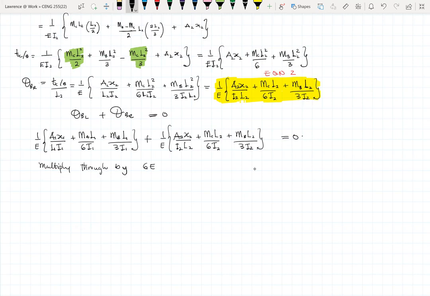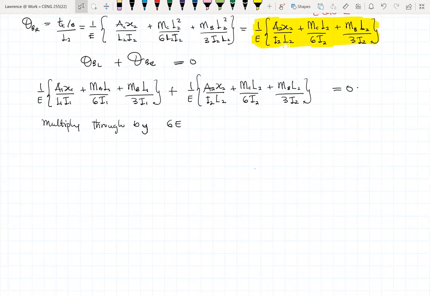So multiply through by 6E, which means that we are going to end up with 6A1X1 over L1I1 plus MA L1 over I1 plus 2MB L1 over I1 plus 6A2X2 over I2L2.